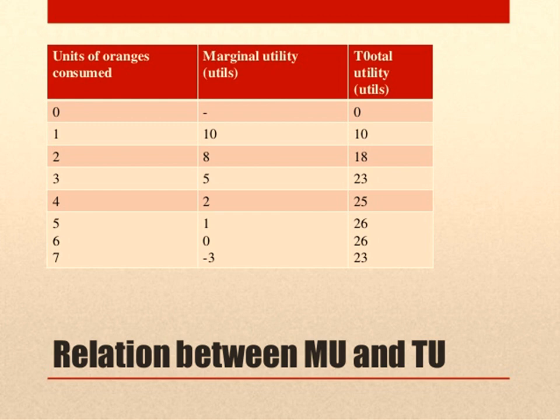Then it starts to decline. What about the marginal utility? When total utility increases, marginal utility only decreases. When total utility becomes the same or stagnant at 26 units, the marginal utility becomes 0. What will happen when total utility falls? At that time marginal utility becomes negative.